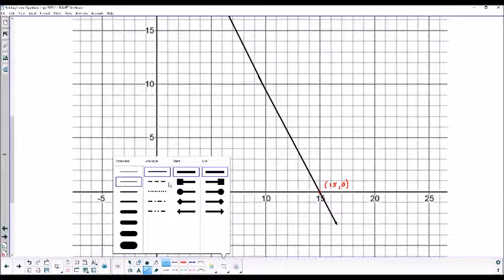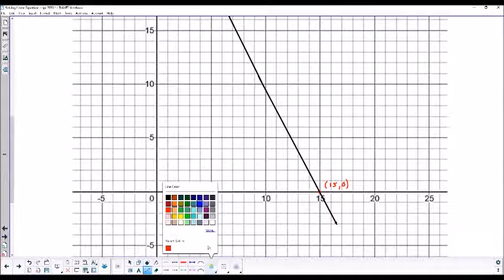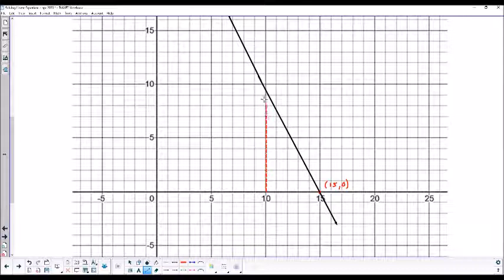Then we want to see some solutions for the line. If we want to see what the value of y is when x equals 10, I start at x equals 10 and go all the way up to the line, and then from there go perfectly horizontal. My estimate for this is about 9.5.